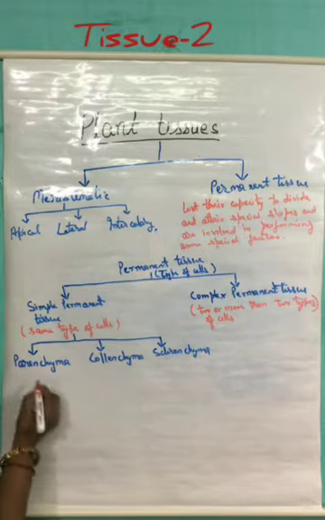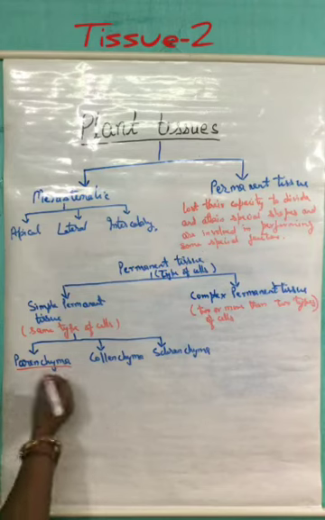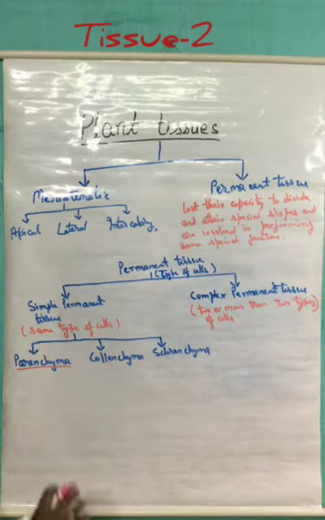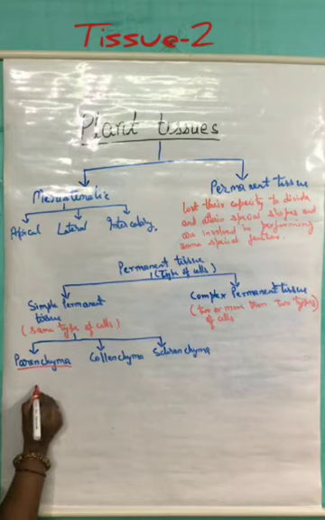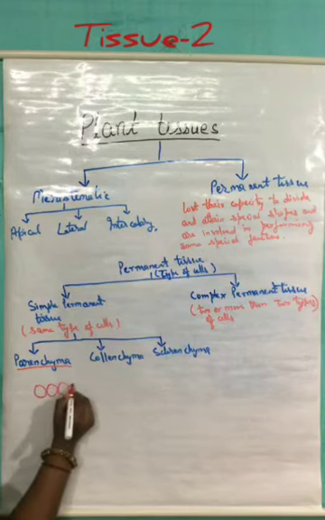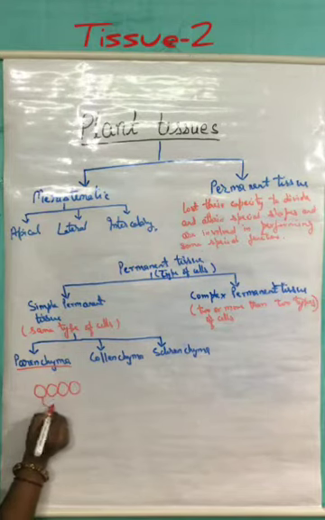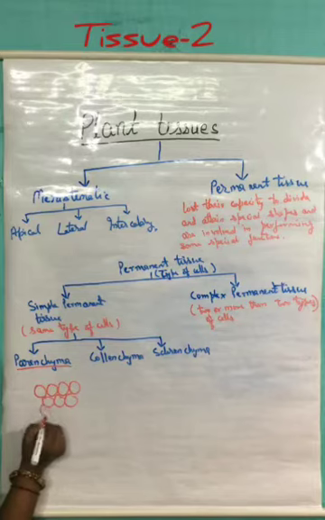The first one is the parenchyma tissue. The parenchyma tissues are the tissues which consist of thin-walled living cells. If I'm going to draw the rough diagram of the simple permanent tissue.